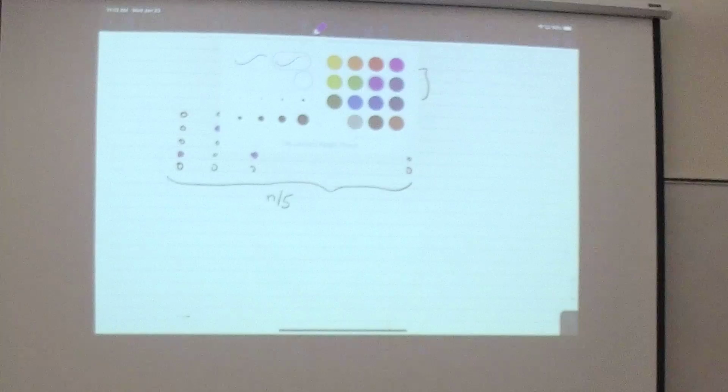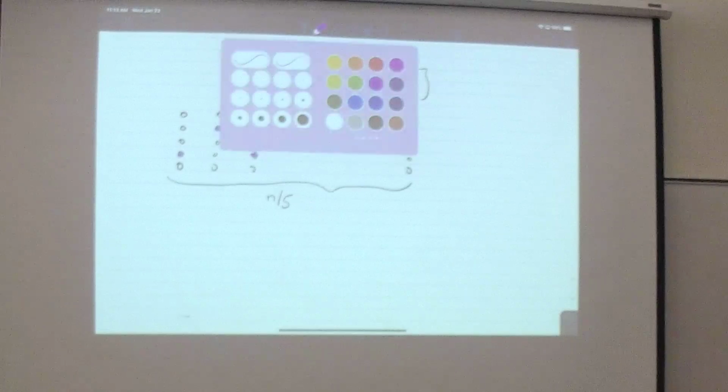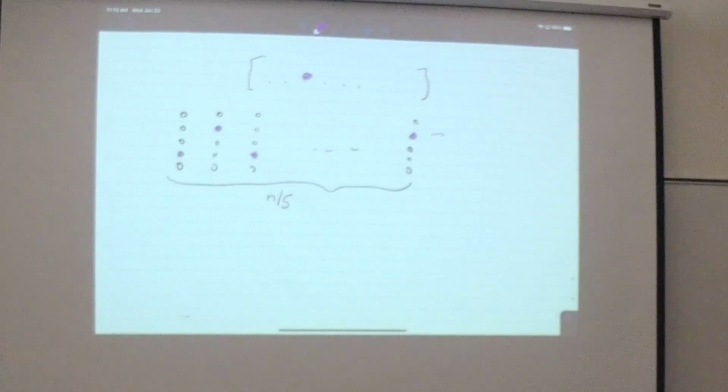Okay? And then what I'm going to do, this is where it gets a bit better. I'm going to compute the median of medians. For cricket fans, it's like man of the match.